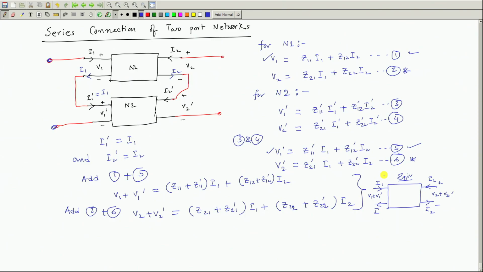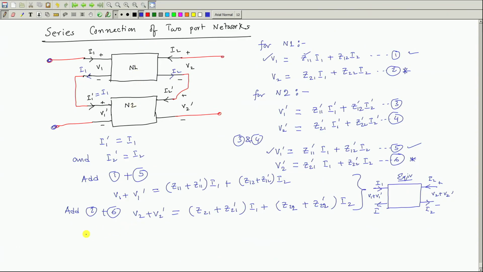Therefore, if two or several two port networks are connected in series, then the overall equivalent two port network representation will have input port voltage as the sum of all the voltages here. Input currents are the same, I1 and I2, but the interesting thing is that the impedance matrix of this two port network will be the sum of the impedance values of this network and this network.